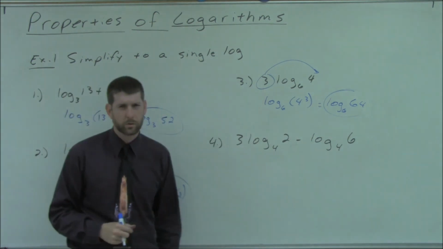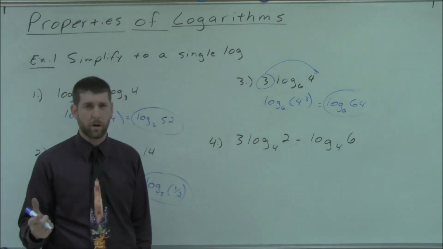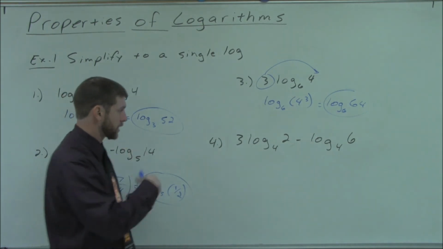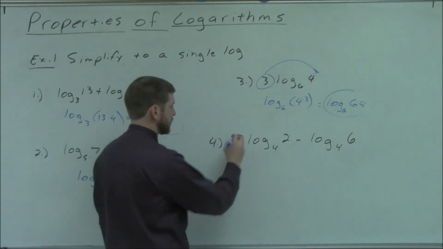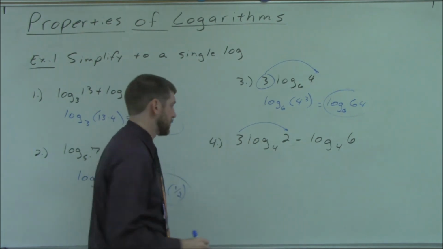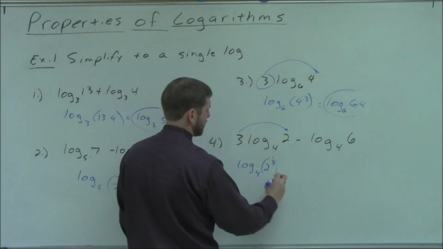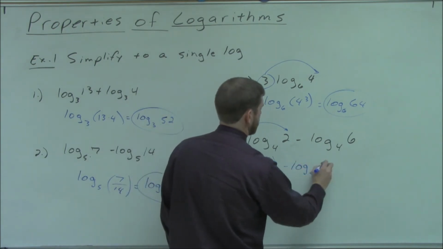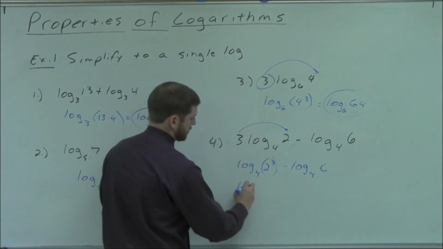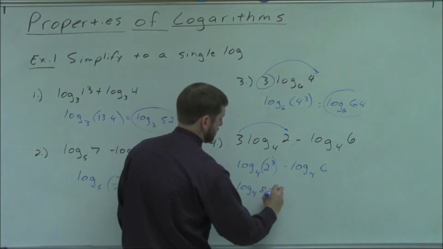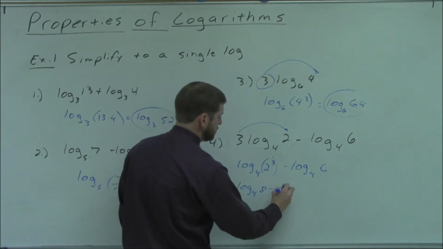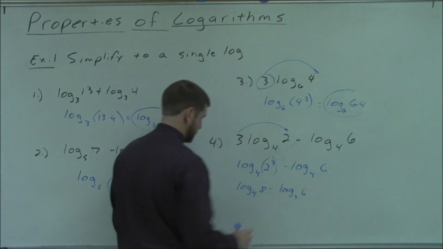And the last one's got multiple pieces to it. Just think like you normally do, order of operations. Okay, so we're going to get rid of our exponents first. So move your exponent on up there. So that's log base 4 of 2 to the third power minus log base 4 of 6. So log base 4 of 8, minus log base 4 of 6.